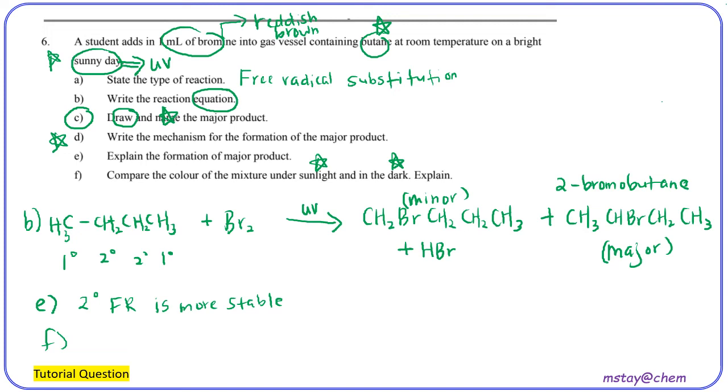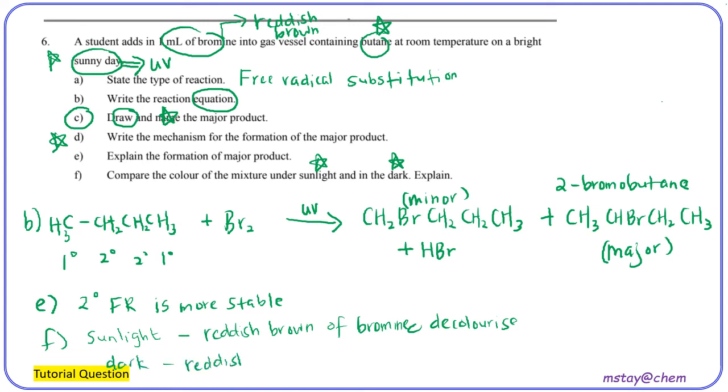So under the sunlight, the reddish brown of bromine will be decolorized. While in the dark, the reddish brown of bromine remains unchanged.